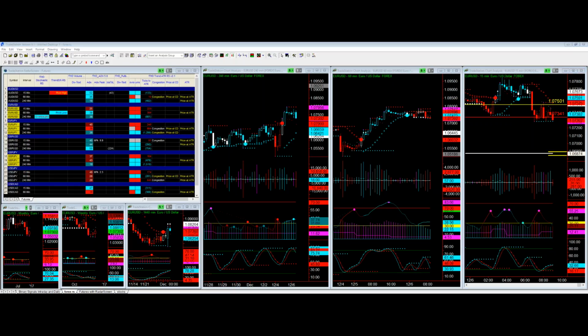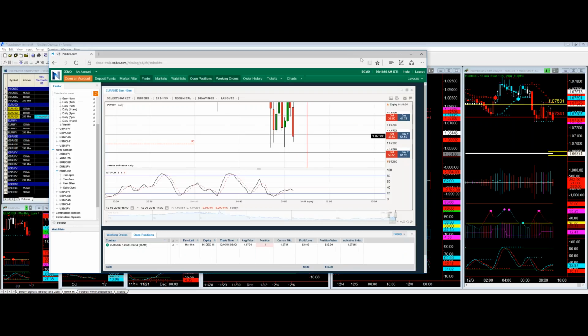Now, if you're looking at this from a risk to reward standpoint, okay, this is the spread that we did. We were risking $16, so we want to try and make $32. That's double the risk that we put up.